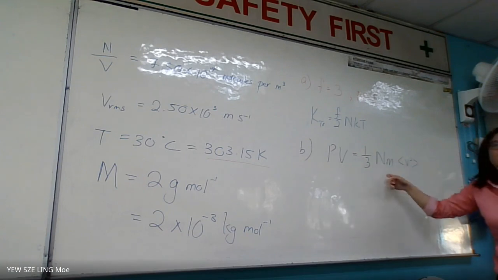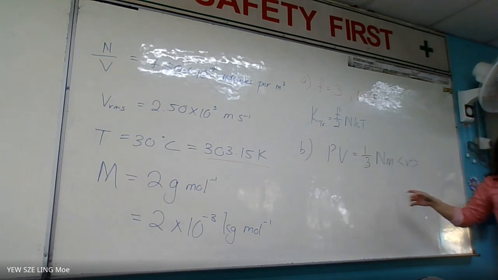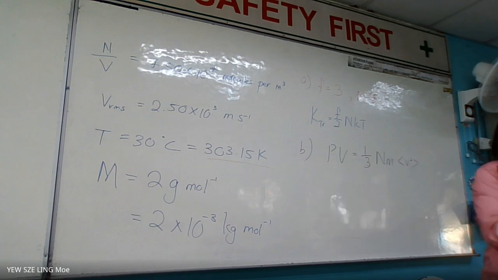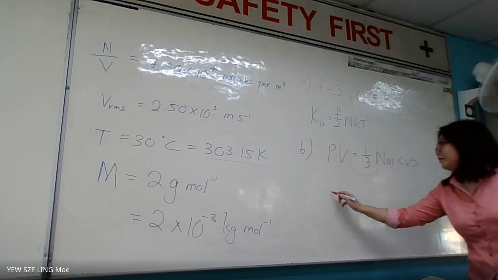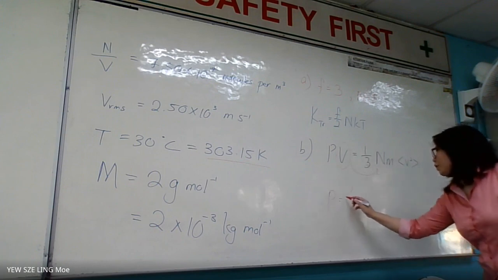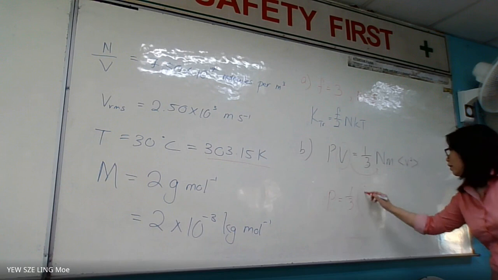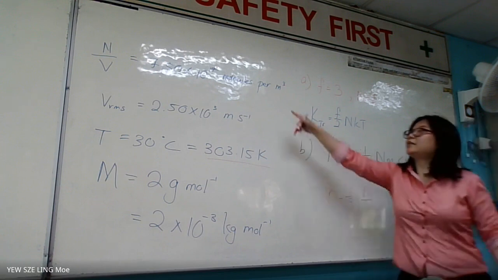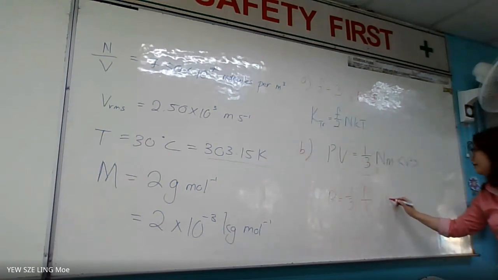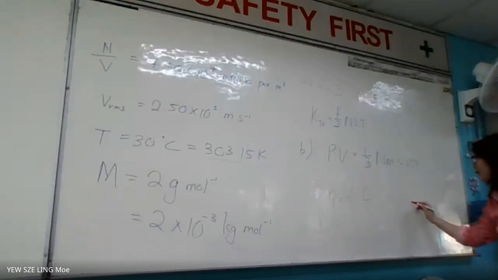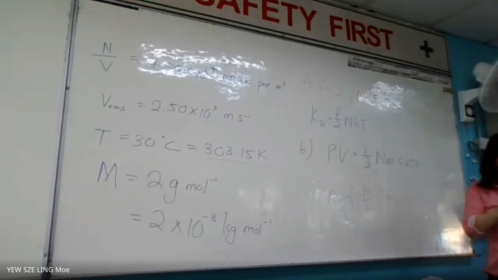The reason why I choose this equation is because if I rearrange it and move this V to the other side, then I obtain P equals 1 over 3 N over V. So this is the value given, N over V, and then m v squared. If I rearrange the equation, I can obtain a value like this.